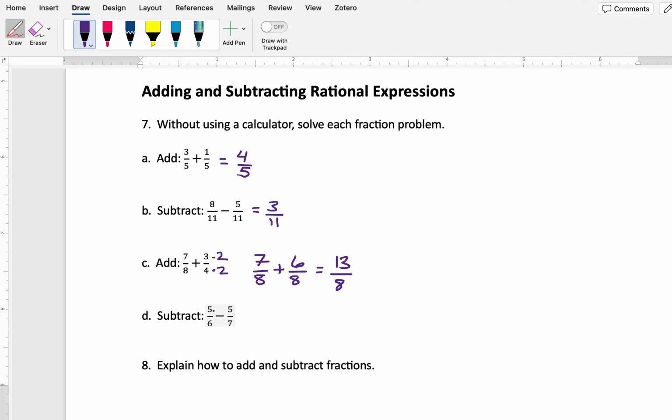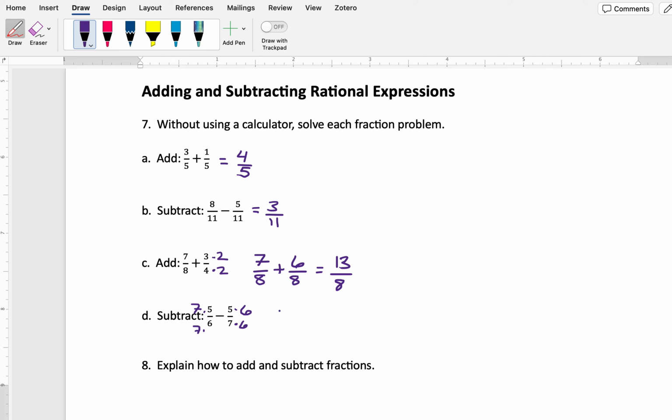If we want to subtract 5/6 minus 5/7, this time I also don't have a common denominator, but it's a little more work to find one, because I can't just multiply one of the numbers in order to get the same thing as the other number. I need to multiply both. So I'm going to multiply the second fraction by 6 on the top and bottom, and the first fraction by 7 on the top and bottom.